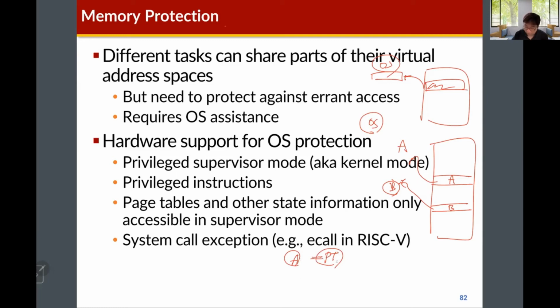So this is page table A. And when application B is launched, the operating system also assigns a page table for application B.